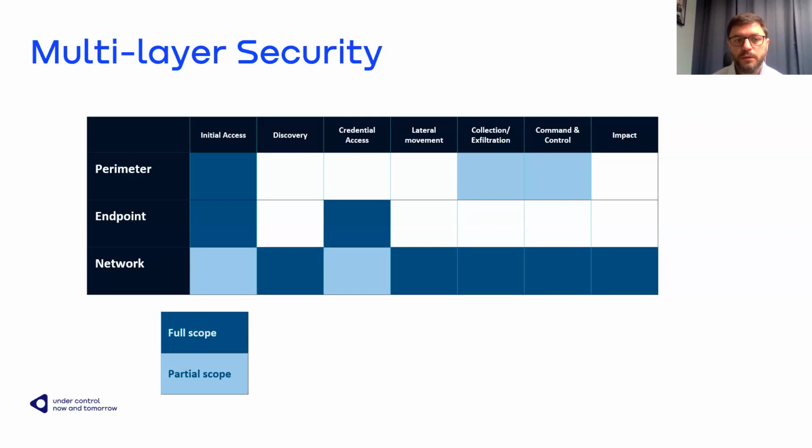We've got also the endpoint layer. Endpoint means we are using antivirus software or some security solution to protect the endpoints in the network. But it's not possible to install antivirus software on any single device in our network, because it's not possible to install antivirus software on a printer device or on the IP phone.